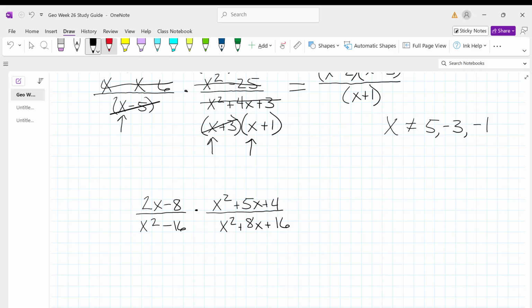All right, so we're going to factor everything. I'm going to start in this top left. 2x minus 8 factors to 2 times x minus 4. X squared minus 16 factors to x plus 4 times x minus 4.